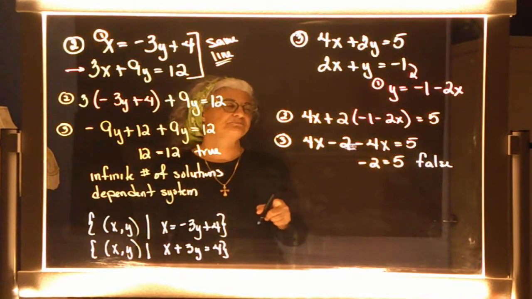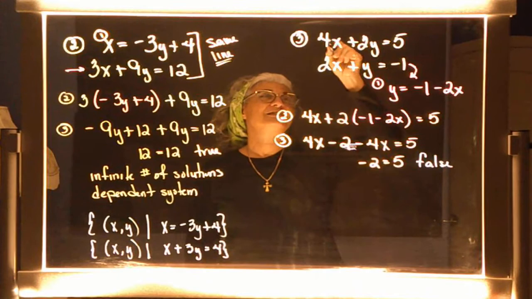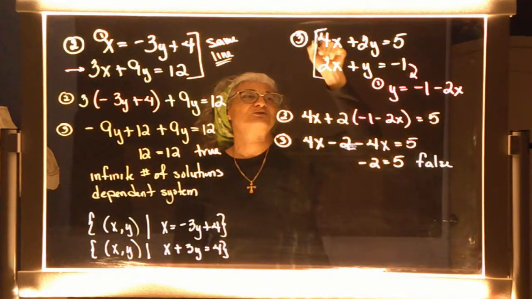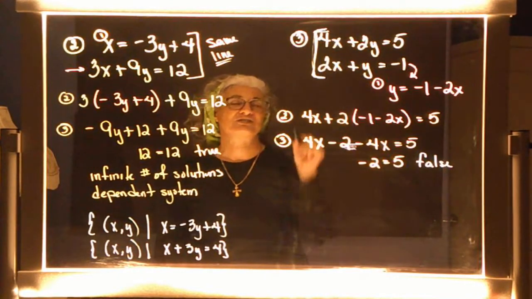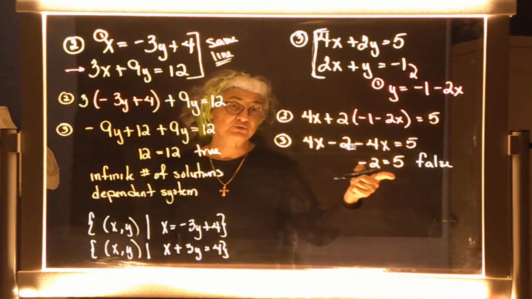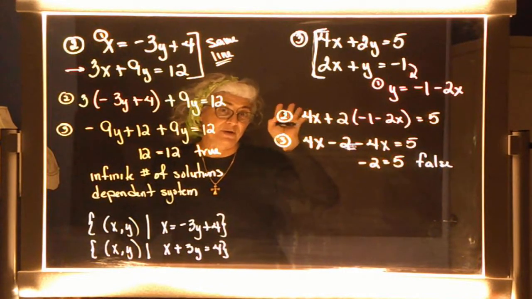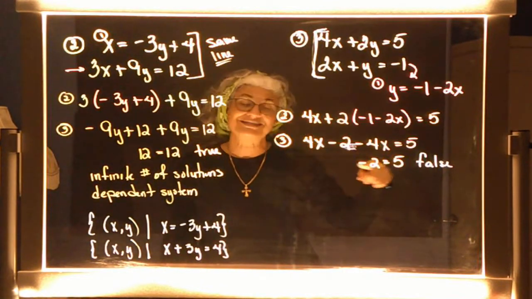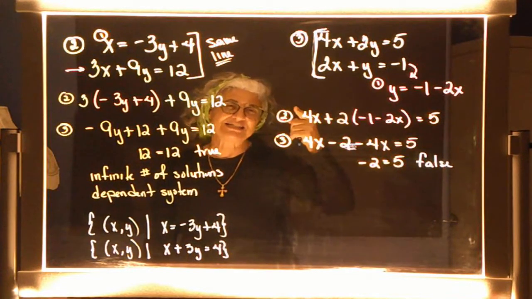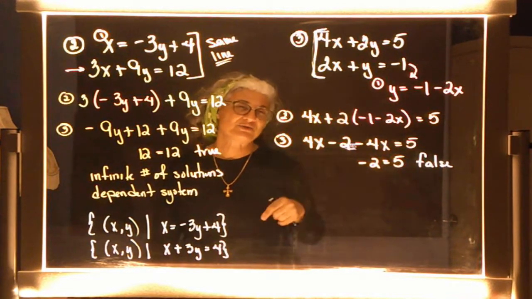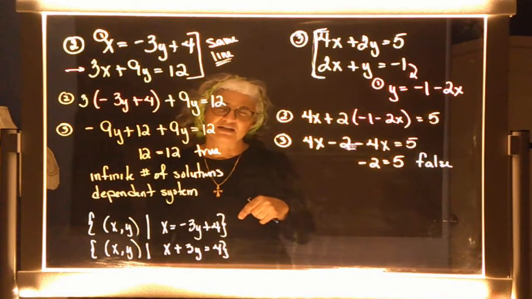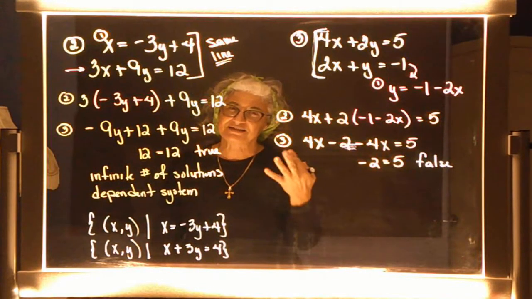All right. Since that's a false statement, these two lines, if I literally graph these two equations, and I can't solve for x or y because they're gone, this isn't true. Do you have an idea what kind of lines these would be? I think some of you may have said it. Say it again.